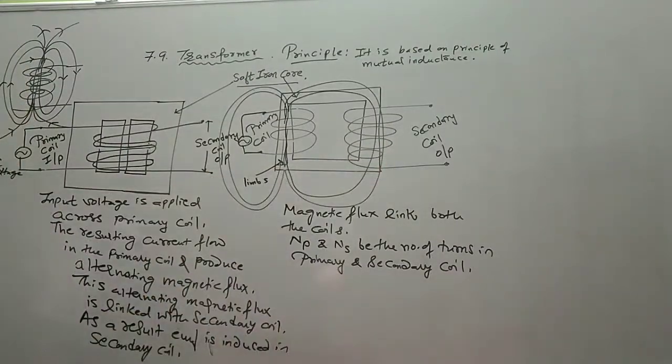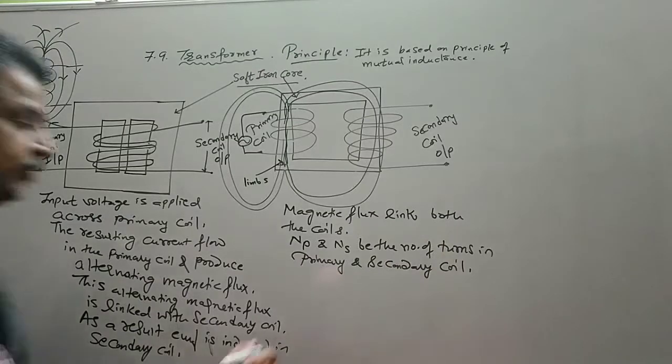We know the mutual inductance formula: the induced EMF is equal to the number of turns, with a minus sign for Lenz's law, times the change in the magnetic flux, because it produces alternating magnetic flux.